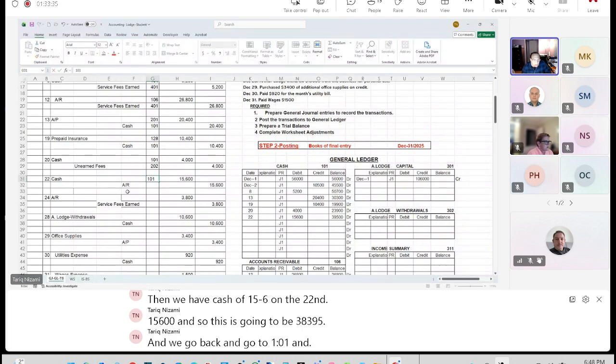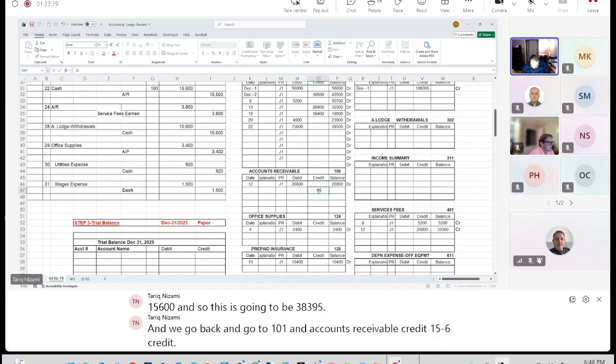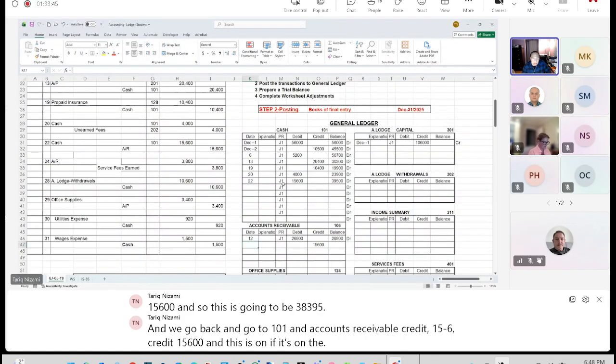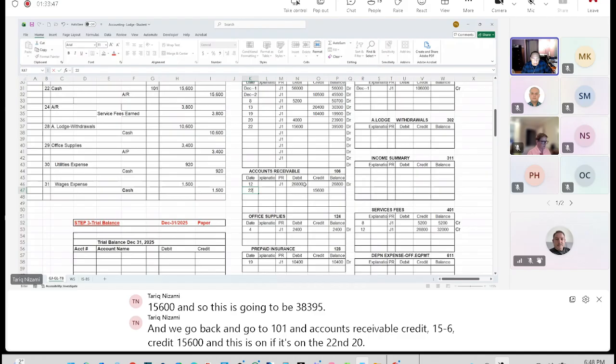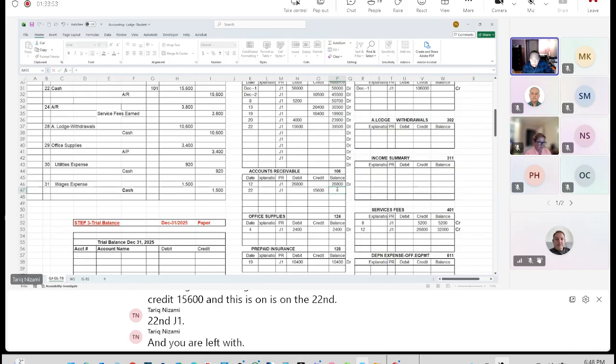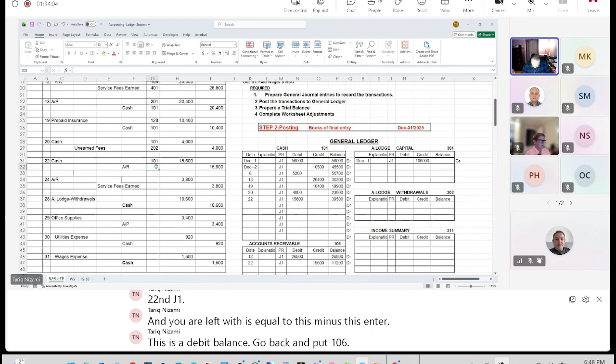And accounts receivable credit 15,600, and this is on the 22nd, J1, and you are left with is equal to this minus this, enter, and this is a debit balance. Go back and put 106.